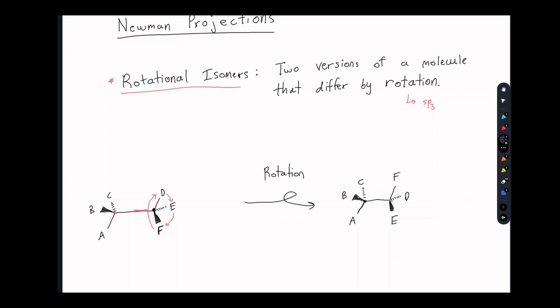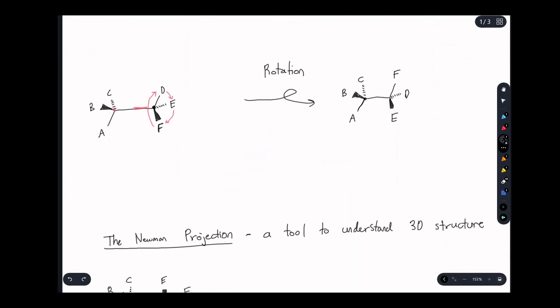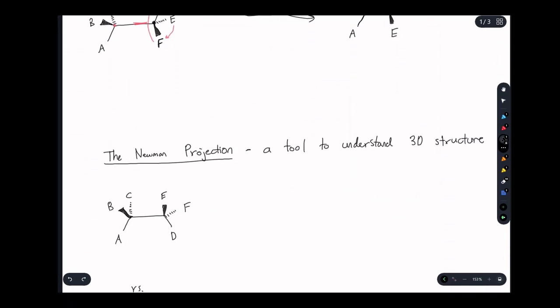And here you can see that the underlying lines, so all the straight lines, the wedges, and the dashes look very similar, but the molecule has a different orientation of atoms. Now, these molecules are the same molecule. All we've done is rotate them. But if we change these letters for more carbons, this would look different on paper. So we need a better system to understand rotation, and this is where the Newman projection comes in.